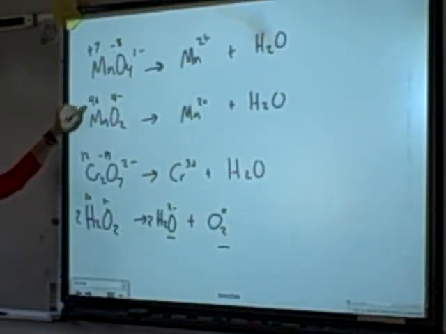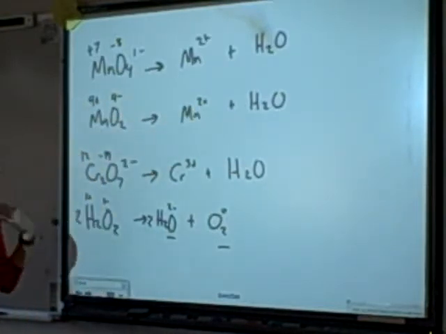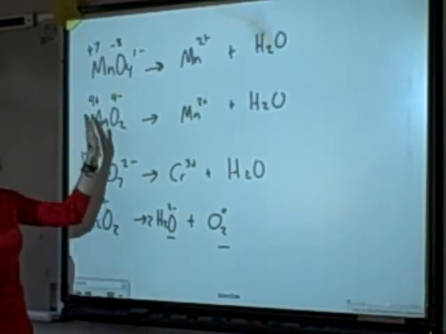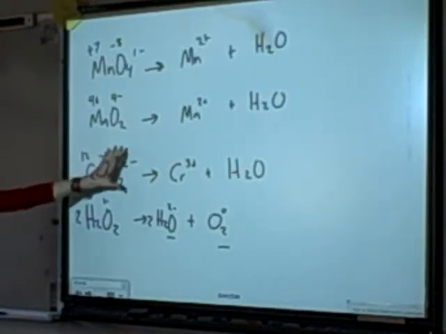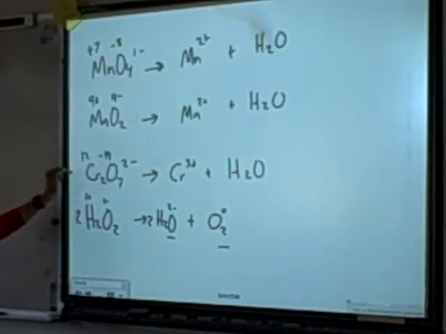Manganese dioxide, sorry, this is manganese 4 oxide, my bad. This manganese, because the 4 is telling you the charge of the manganese, is a 4+. It gets reduced to a 2+, so it would oxidize something else. Something else would have to lose electrons for the manganese to be reduced. The chromium in this dichromate ion is a 6+. It gets reduced to 3+, so something else gets oxidized.